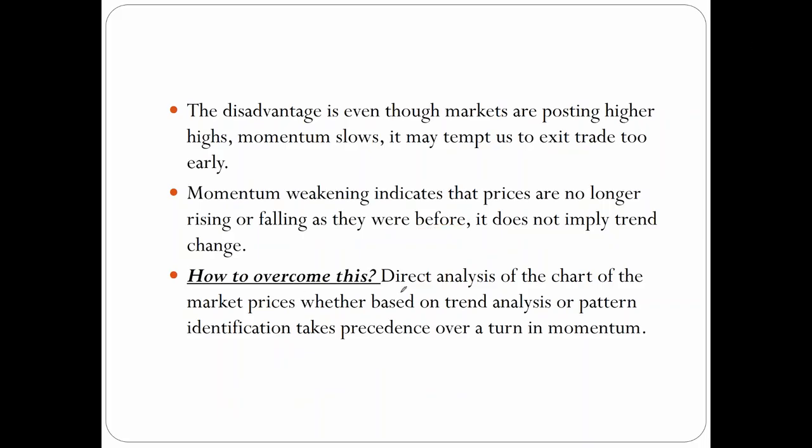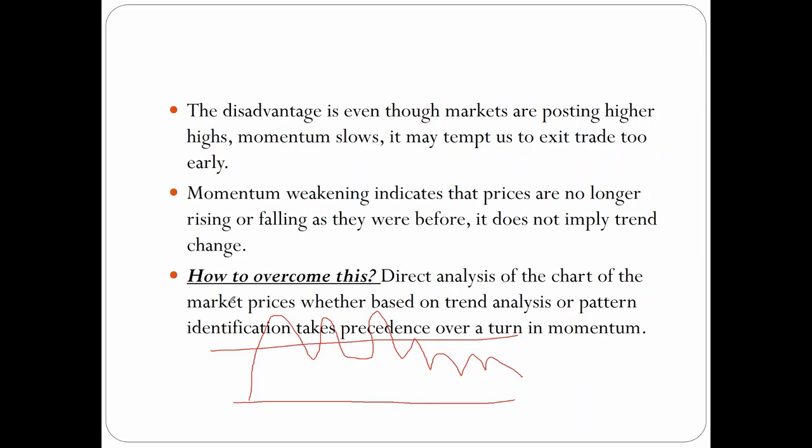Now, how to overcome this? Direct analysis of the chart of the market prices, whether based on trend analysis or pattern indication, should take precedence over momentum. That means that when we are following a momentum chart, suppose this is an RSI chart, we see that the prices are making highs and suddenly it starts making lows. We have to confirm it with a classical chart pattern.